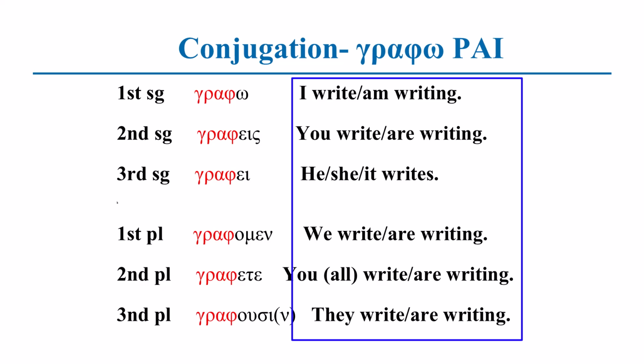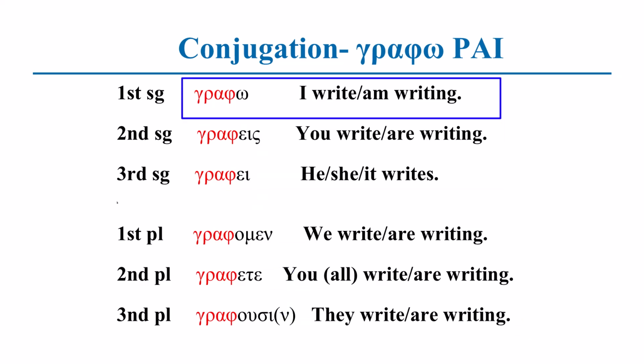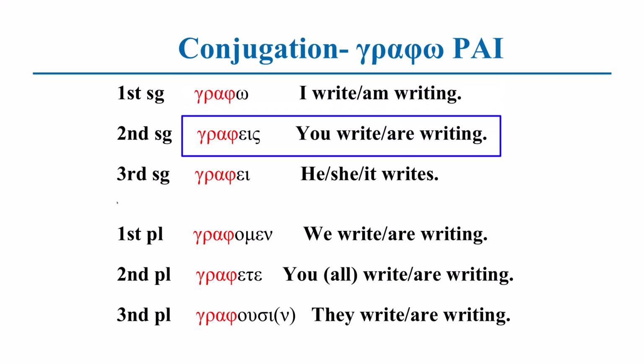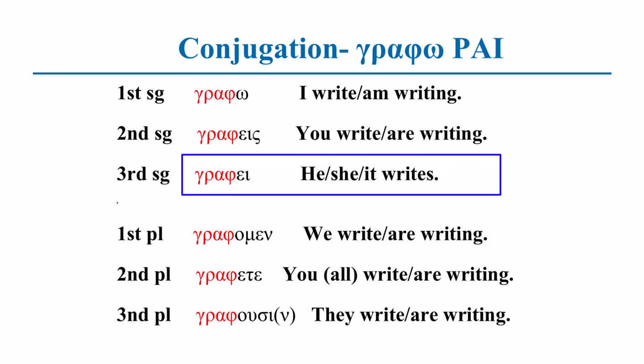For example, you have grapho, which means I write. And in the second person singular, you have grapheis, which means you write or you are writing. In the third person, you have graphei, which means he or she or it writes. When you're translating a passage, the context will guide you whether we're talking about a male, a female, or a neuter.